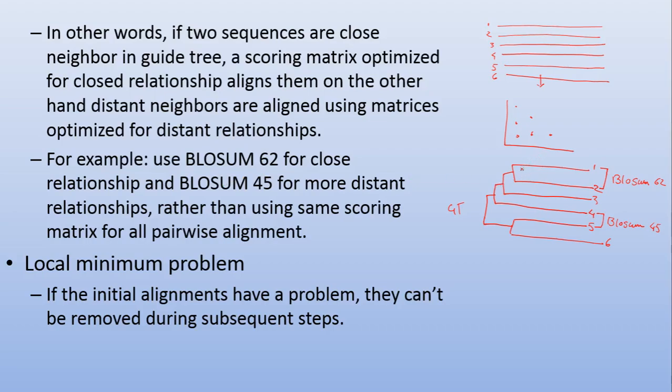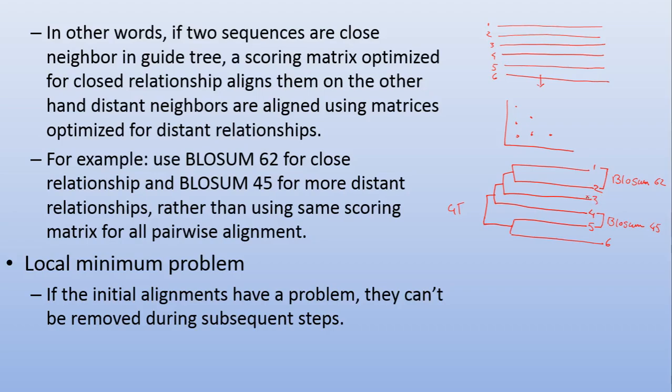Next, what we have is called the local minimum problem. If it happens that alignment goes wrong in the initial stages of your multiple sequence alignment, then that problem cannot somehow be removed in the subsequent steps.